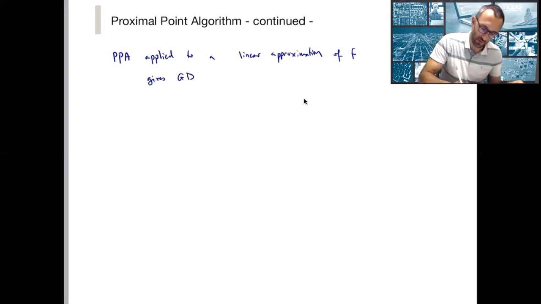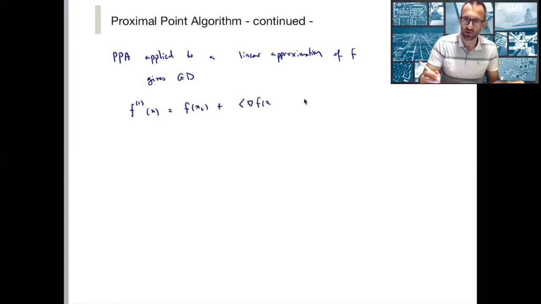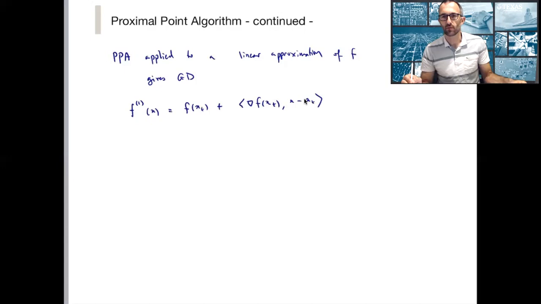Specifically, what I mean is, if f superscript 1 denotes the first order Taylor approximation of f at x, equal to f of x t plus the gradient, or subdifferential, it doesn't matter, but just to make the point simpler here, times x minus x t, this is a first order approximation of the function f at the point x t.